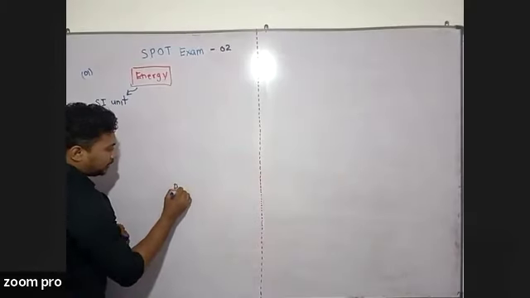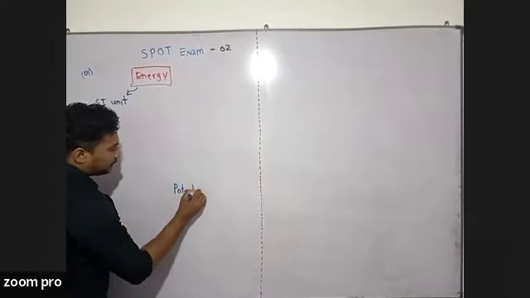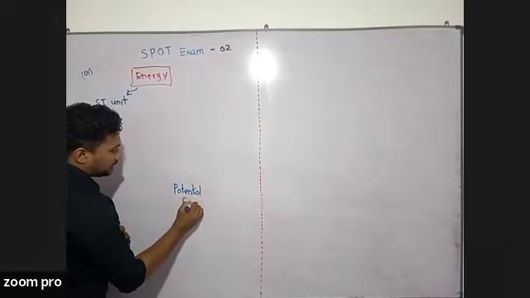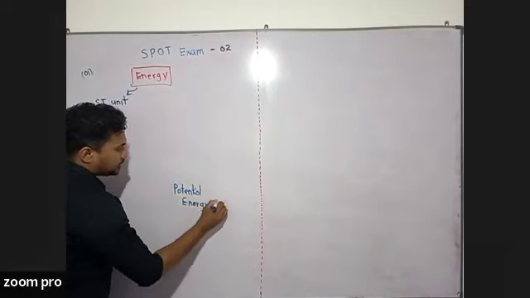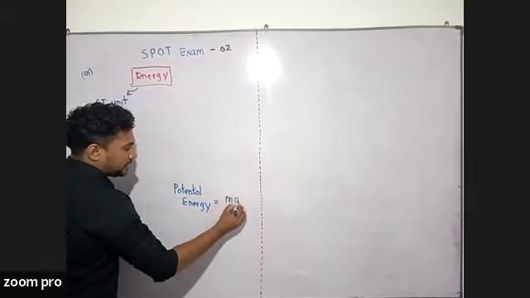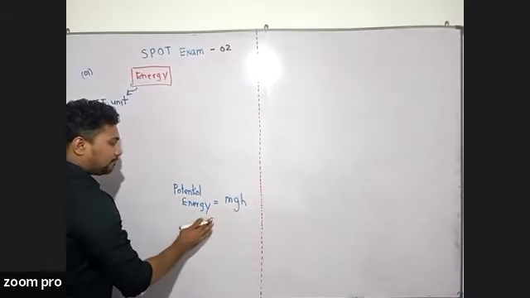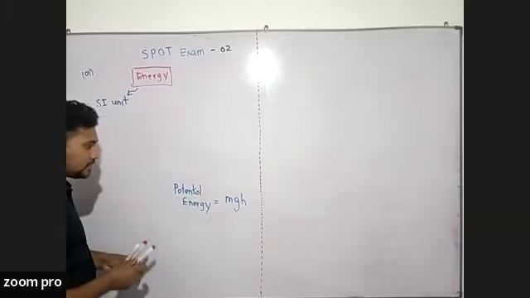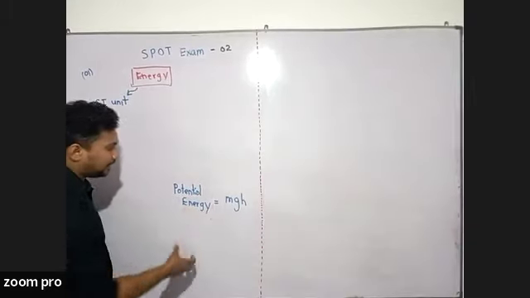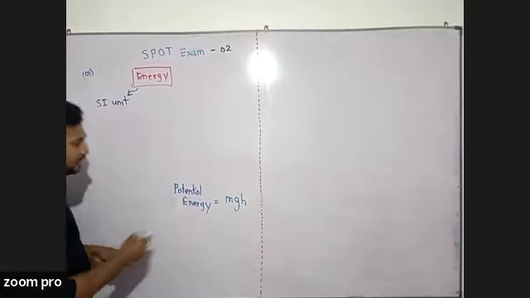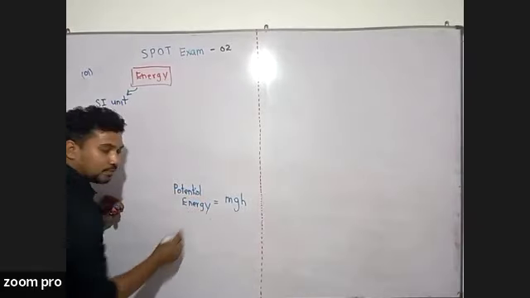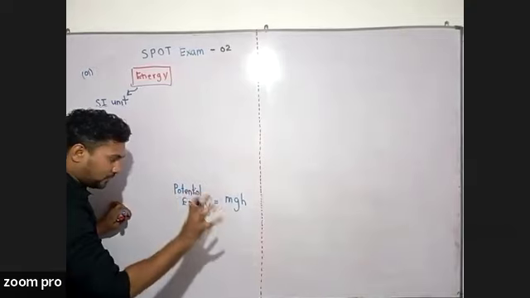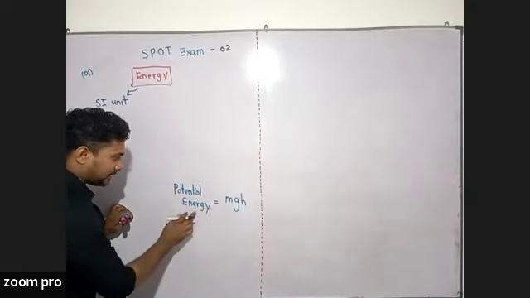Let's take potential energy. Now you know the relevant equation for potential energy, isn't it? It is mgh, isn't it? So if I substitute the relevant units into this equation to obtain the SI unit of potential energy, even though it is potential, I'm looking to obtain the unit of energy, right?